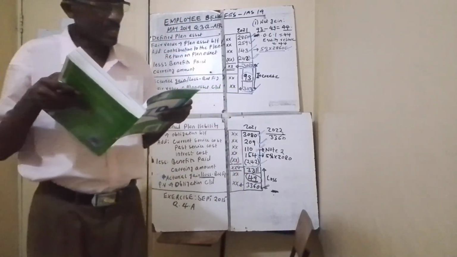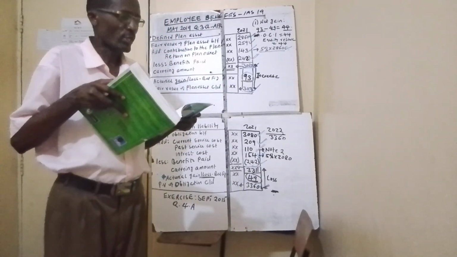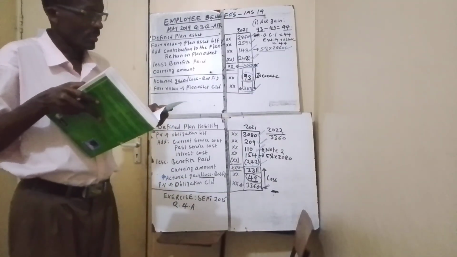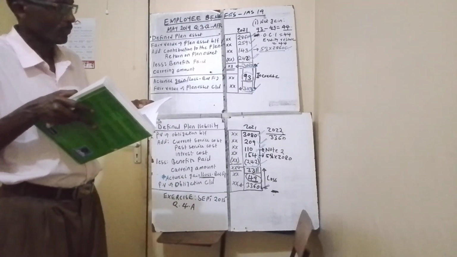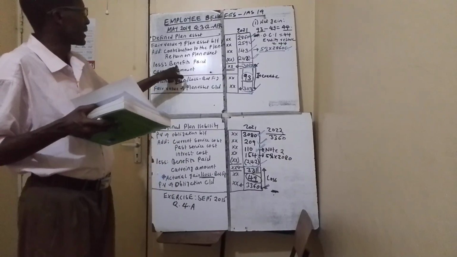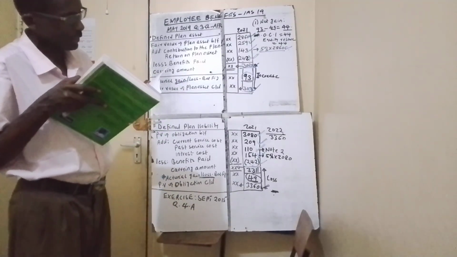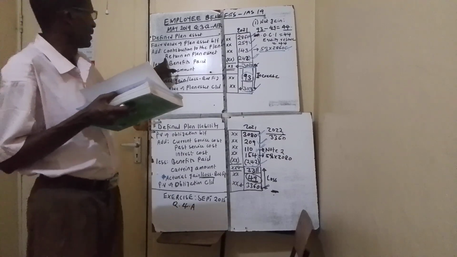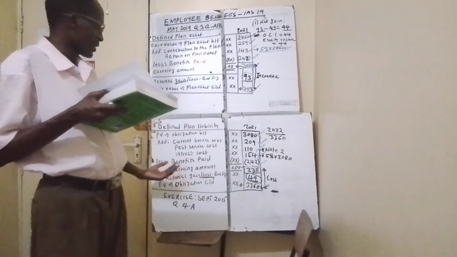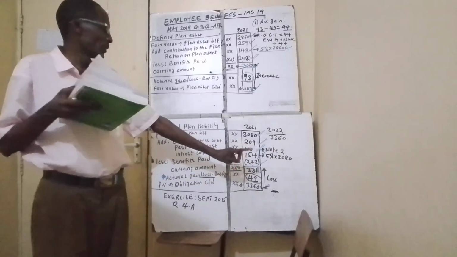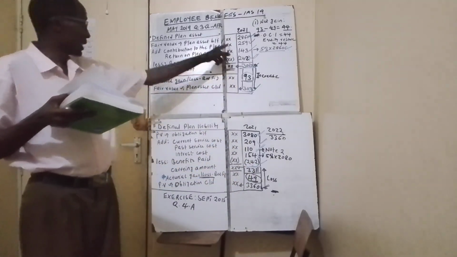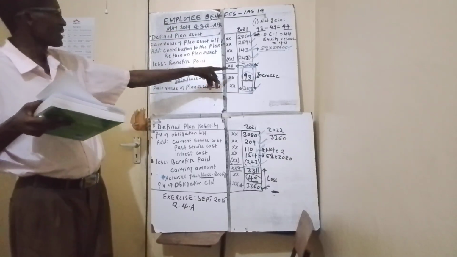The pension plan paid shillings 240,000 on 1st December 2014. So that is what? Benefits paid. We are told they paid 240,000. So benefits paid 240 will be there. It appears in both sides. I've told you that benefits paid will be deducted from the defined plan liability as well as from the defined plan asset.